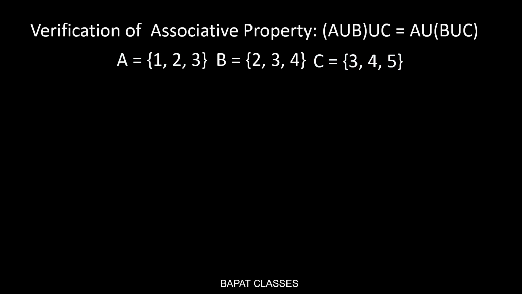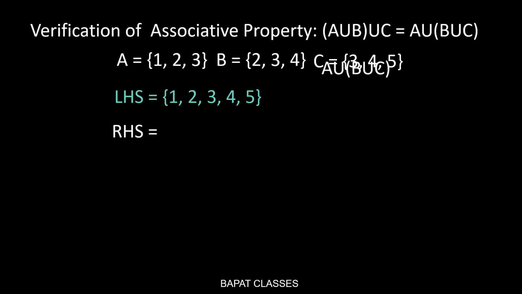Now, in first part, we have already proved that LHS is equal to {1, 2, 3, 4, 5}. Now we will simplify RHS and then we will compare LHS with RHS. So RHS is equal to A union (B union C).